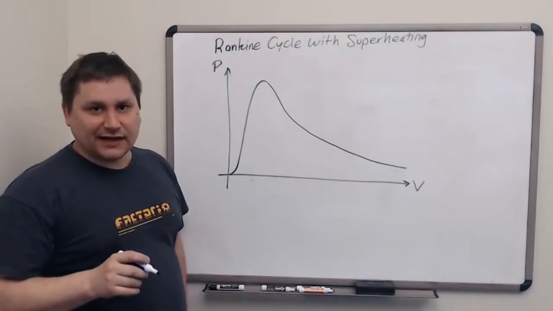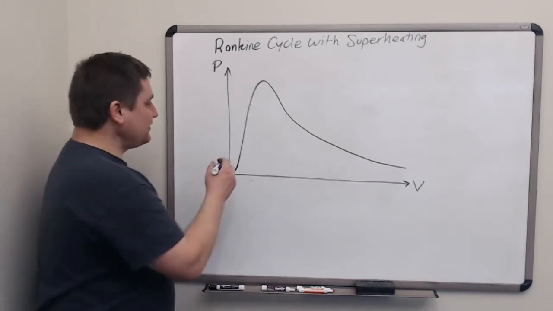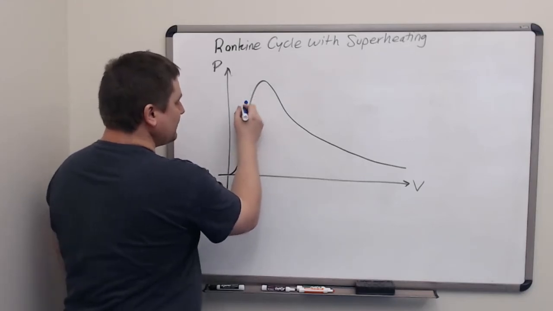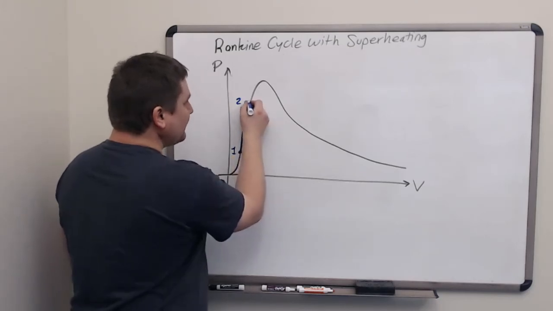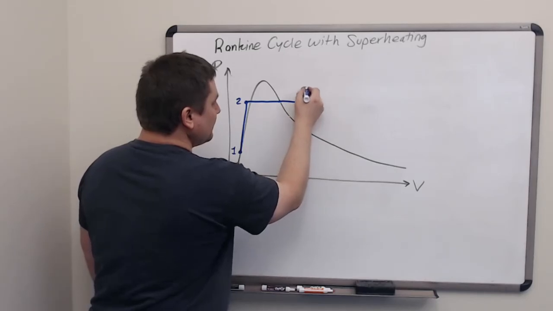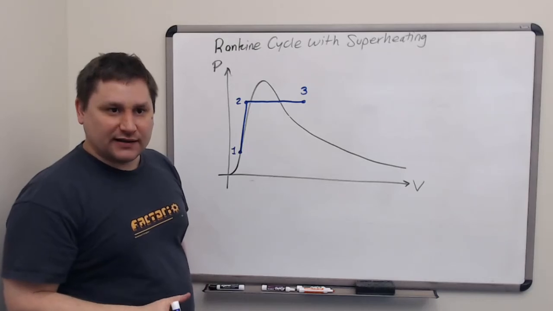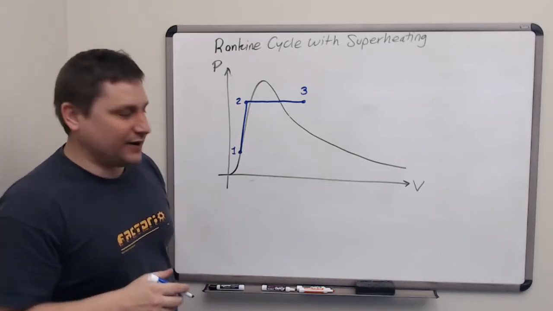Now let's discuss a slight modification to the Rankine cycle called superheating. In the superheating cycle, the pump step remains the same. But on the boiler step, we add additional heating that takes the system past the boiling point and superheats the steam to some temperature above its boiling point.